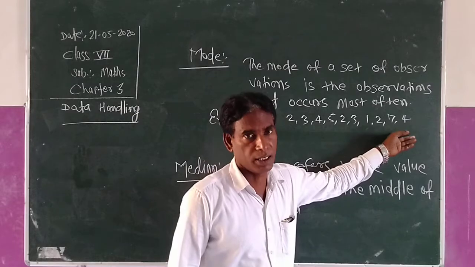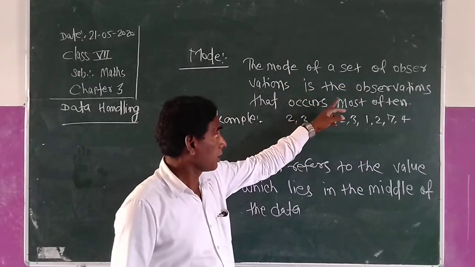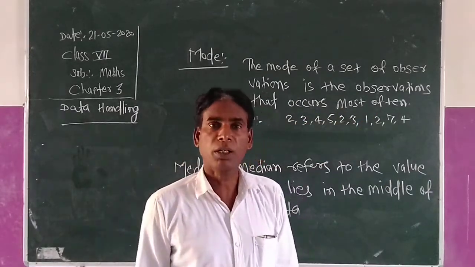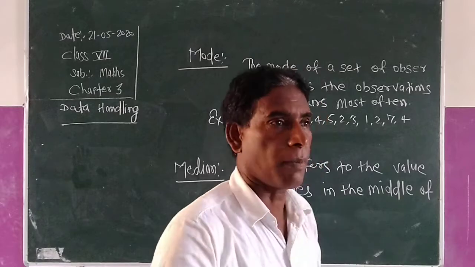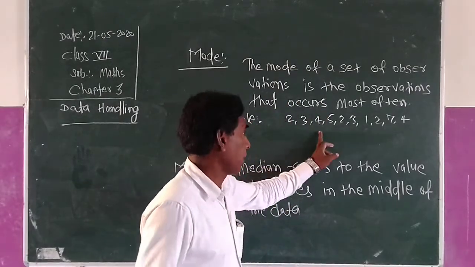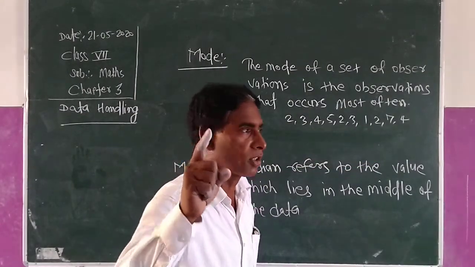According to the definition, the mode is the observation that occurs most often, the number which has come the most times. For this, we arrange the given observations in ascending or descending order.